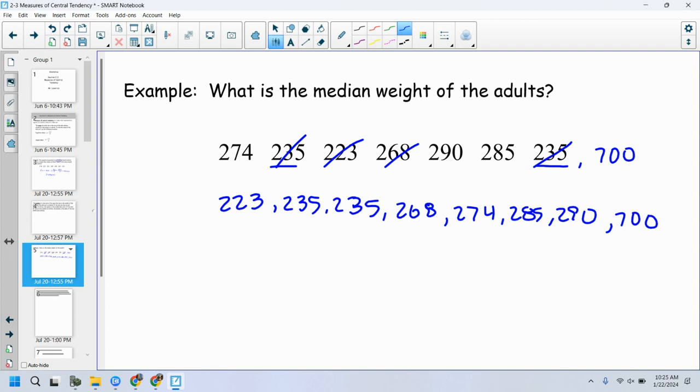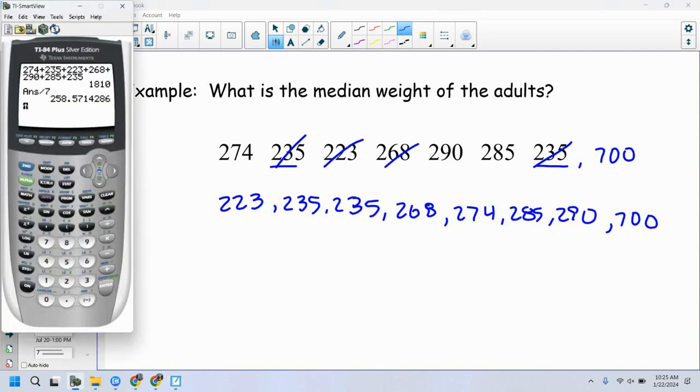If I were to calculate the mean, look, I still got my calculations in here. Let me take this plus 700, divided by 8 now. So my mean was 258. That 700 pounder just made my mean go up 60 pounds or 50 pounds, whatever, a lot, just based on that one piece of data.